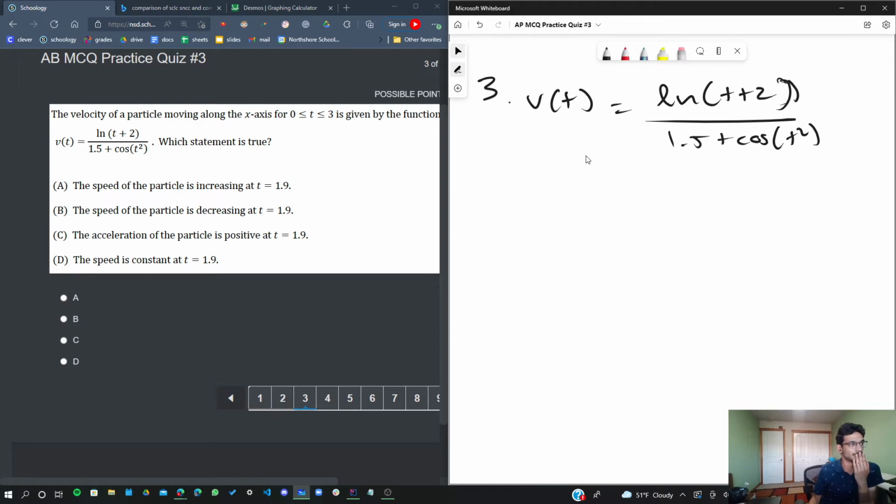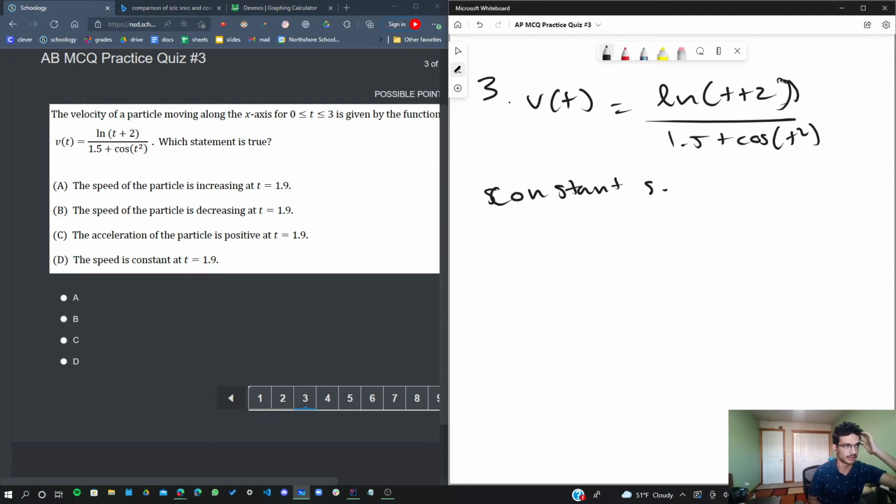I hate this. Speed is constant. Okay, so everything's talking about the speed increasing, speed decreasing. Good to know. Speed constant.